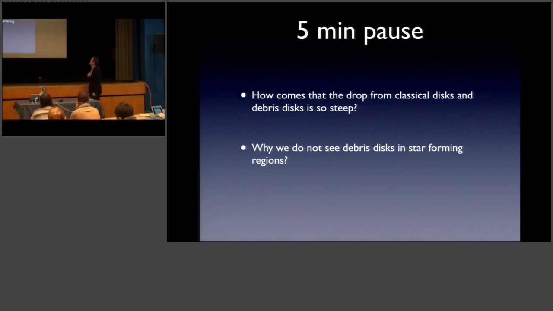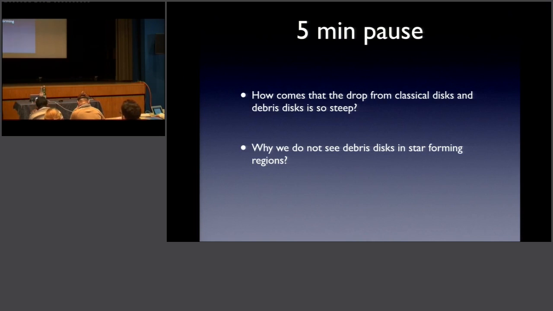I'm sorry, the first question was not phrased as clearly as I meant. I meant here the drop in mass, so this sudden jump of 3 orders of magnitude in mass from the classical disks to the debris disks.